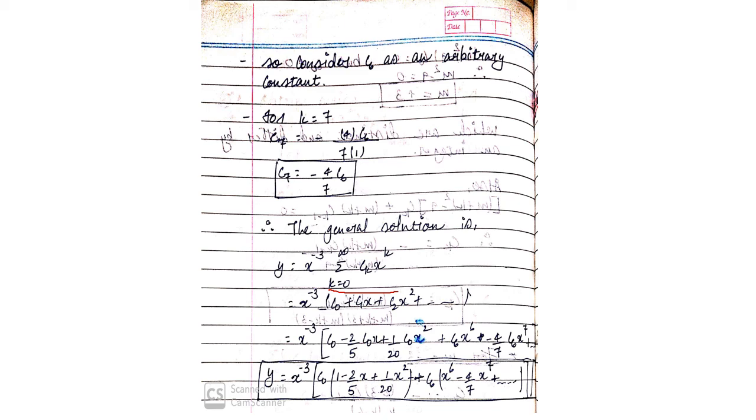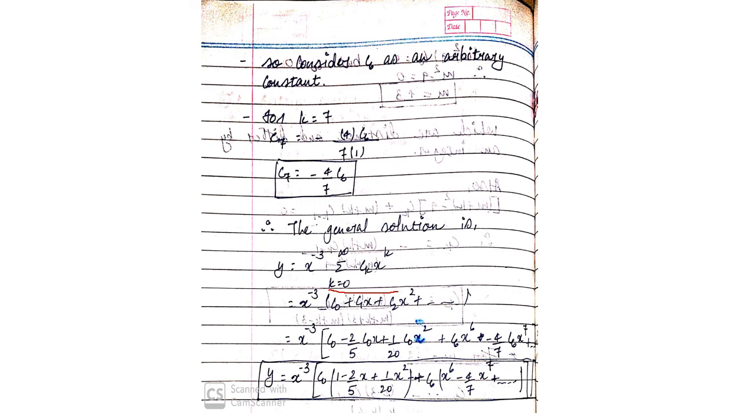Now putting all these values, you will get c0 as it is, that is your arbitrary constant. Put the values of c1, c2, you all know, c3, c4, c5 that will be 0, and directly you have to write the c7 term.